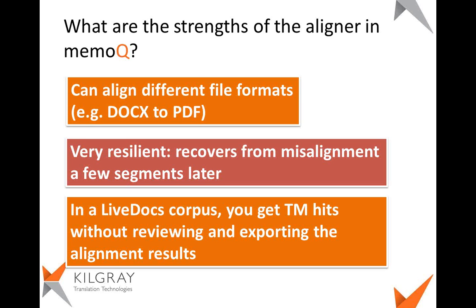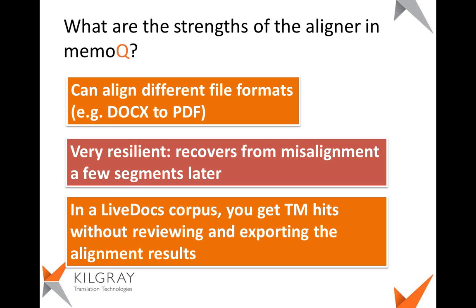I'm going to show that to you immediately. But you can align different file formats. For instance, a Word 2010 document to a PDF, or an InDesign document to HTML, or whatever your choice is. The bigger the difference between the two file formats, the more error-prone the process is. But you can do it.